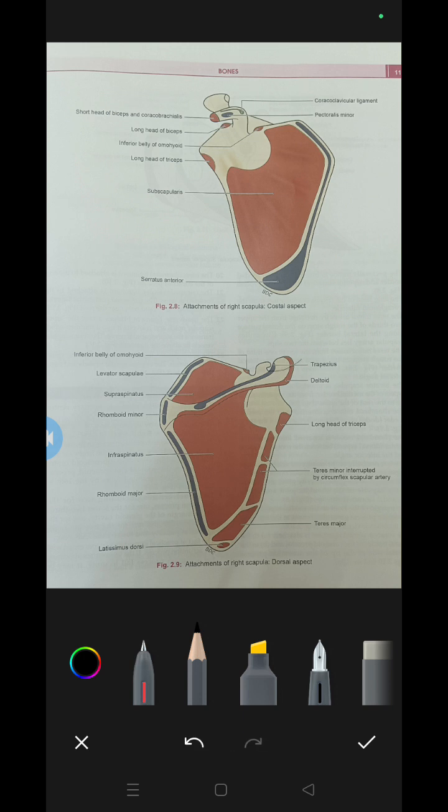Serratus anterior is inserted along the medial border of the scapula, here in blue color, on the costal surface. Pectoralis minor is inserted into the medial border and superior surface of the coracoid process.